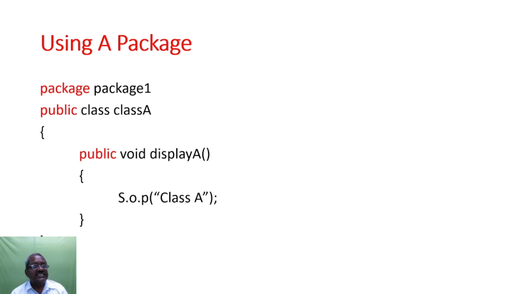After this, we have to compile this so that it will go and sit inside package 1. Class A will go and sit inside package 1 as a class file.